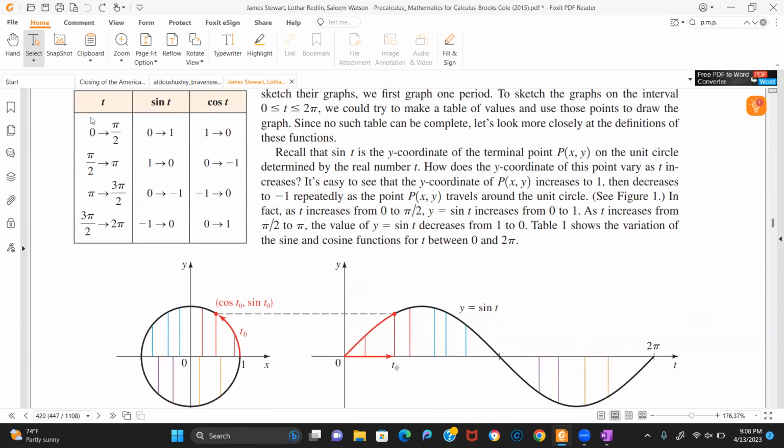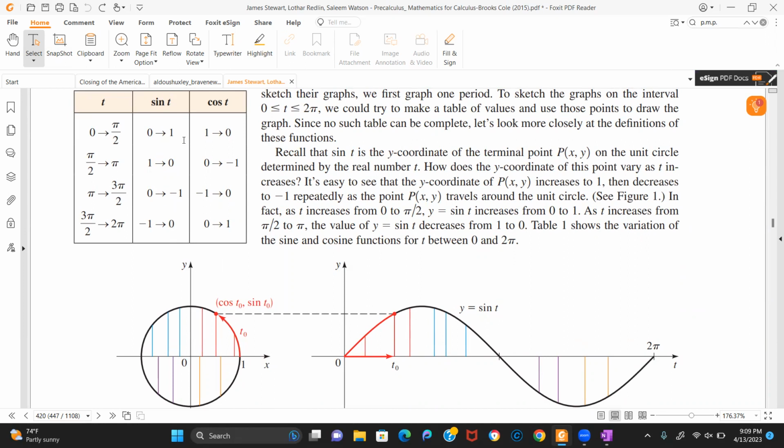Okay, so let's look at all the values between 0 and 2 pi. So let t vary from 0 to 2 pi. So that corresponds to this first quadrant right here. As t goes from 0 to 2 pi, you can see what all the possible y coordinates are as you vary over that.